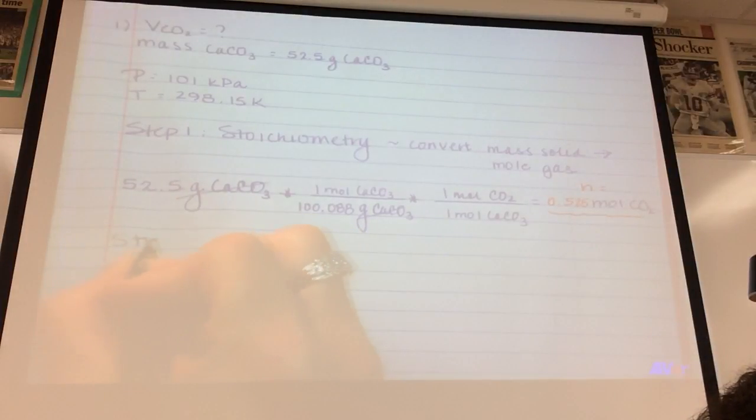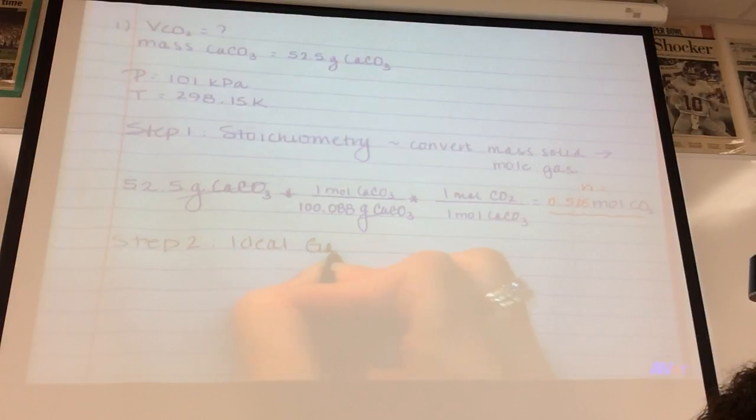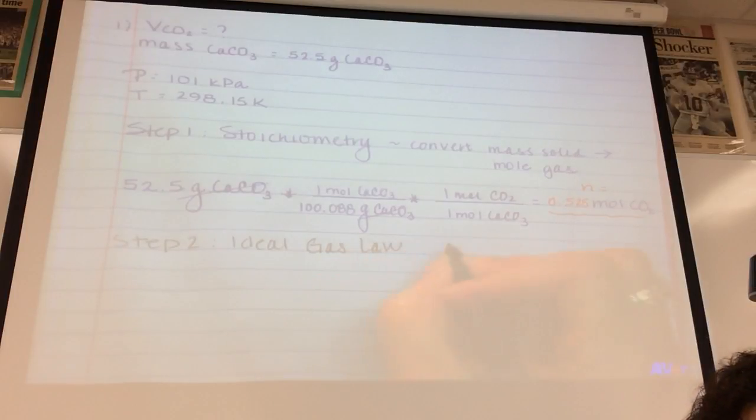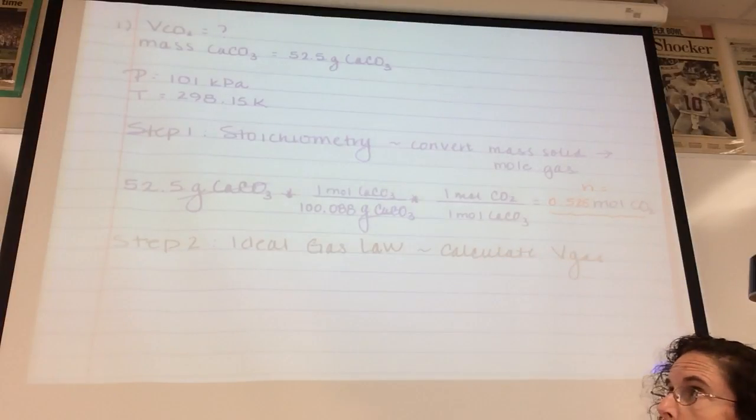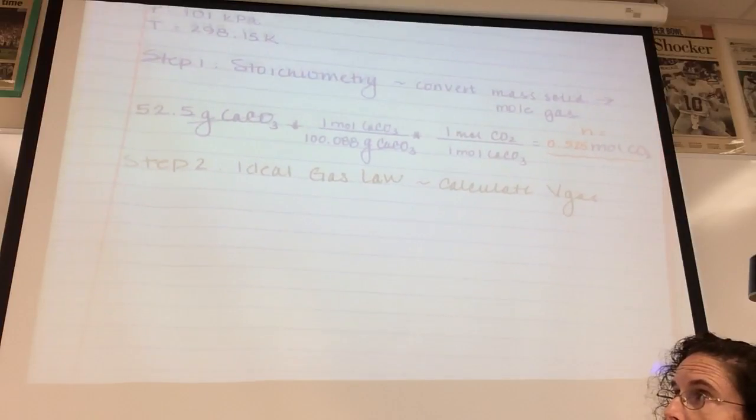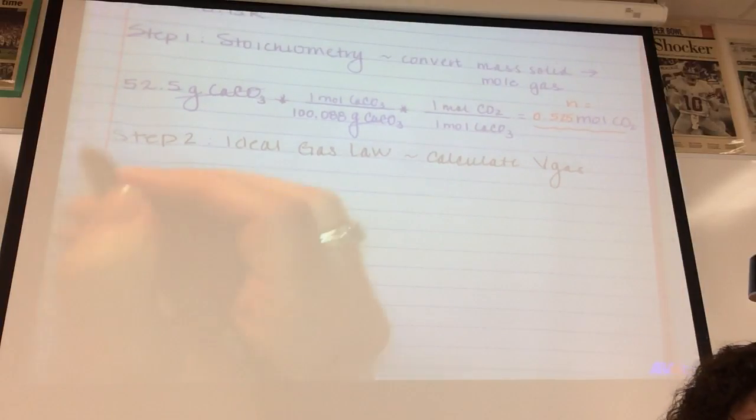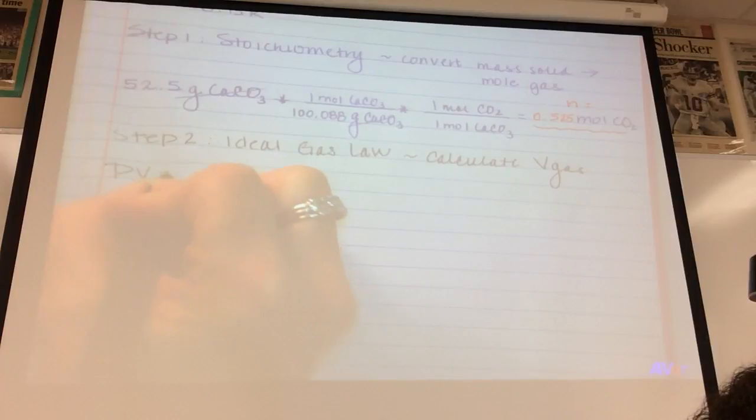Now, in step 2, you can use the ideal gas law, and this will allow you to calculate the volume of the gas in question, which is carbon dioxide. So you know that PV is equal to nRT.